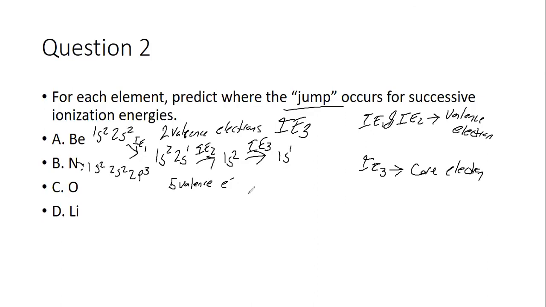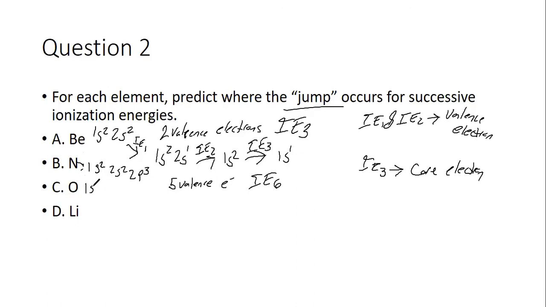Therefore, the big jump happens at IE6, right? Because for the first 5 ionization energies, 1, 2, 3, 4, 5, I'm removing valence electrons. However, at the 6th ionization energy, I start to remove a core electron, which takes a lot of energy. So that's where my energy jump is going to happen.